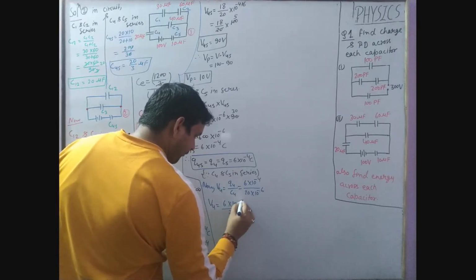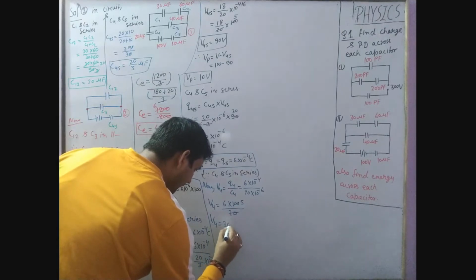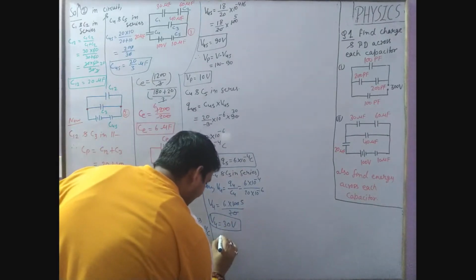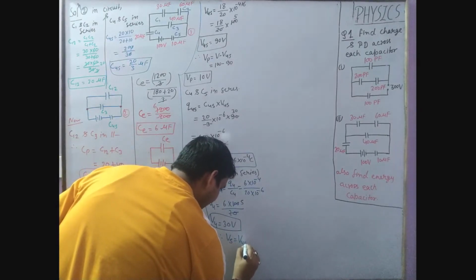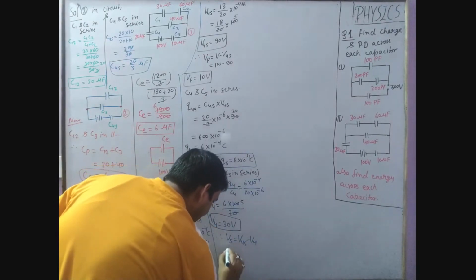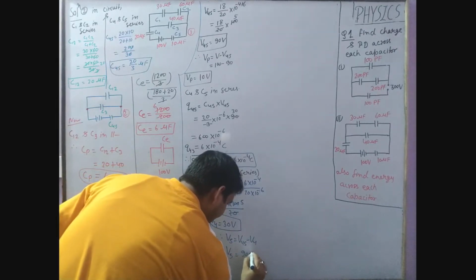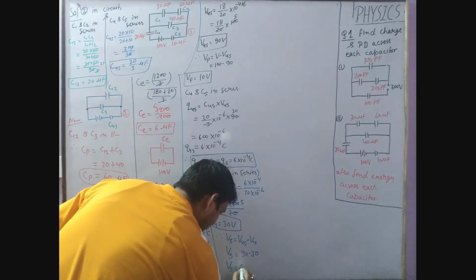This cancel by 5 time, and we get V4 is equal to 30 volt. Therefore you will easily calculate from here V5, which is V45 minus V4, that is V5 is equal to 90 minus 30, that you get V5 is equal to 60 volt.